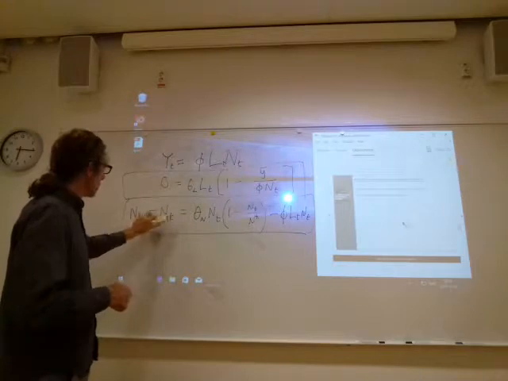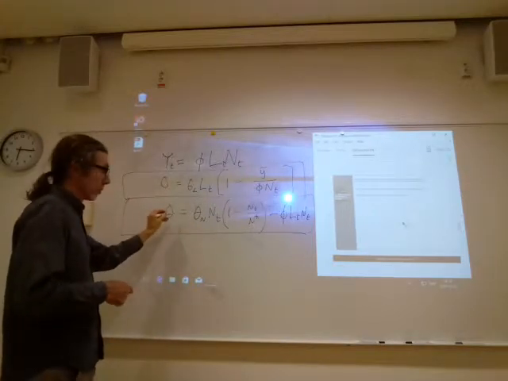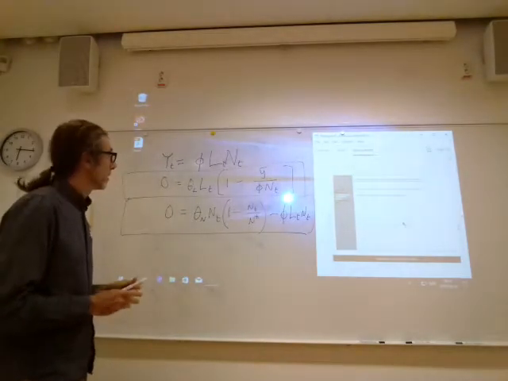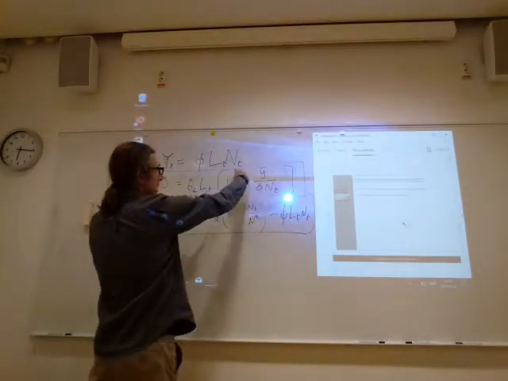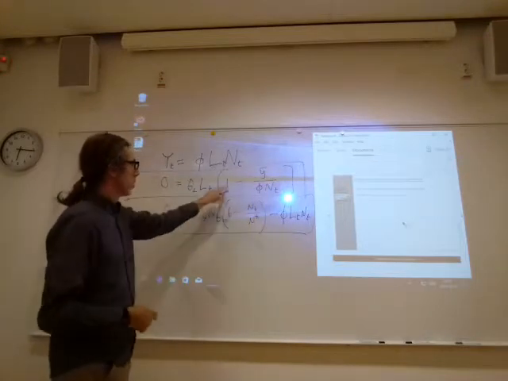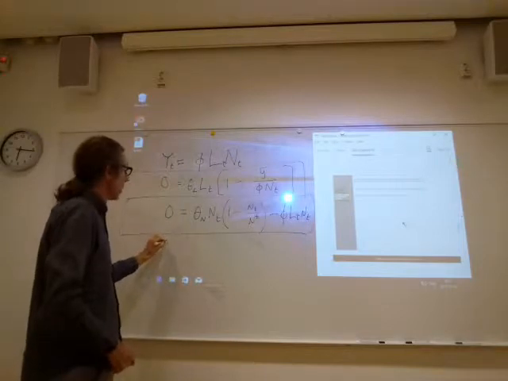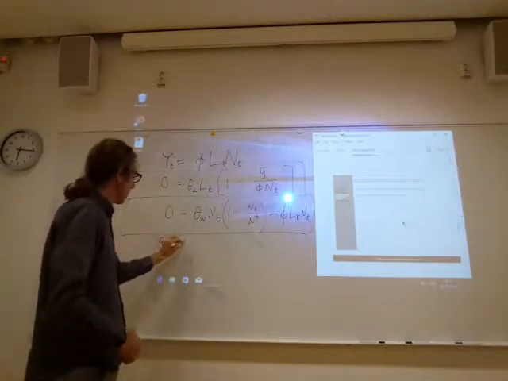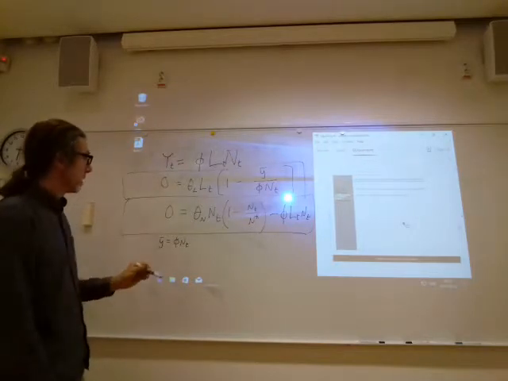But if it's all stable, that means that the animal population has to be constant as well, otherwise it's never going to be stable, is it? And if this is naught, then 1 has to equal this, so we get y bar is equal to phi times nt. That must hold in a stable situation.